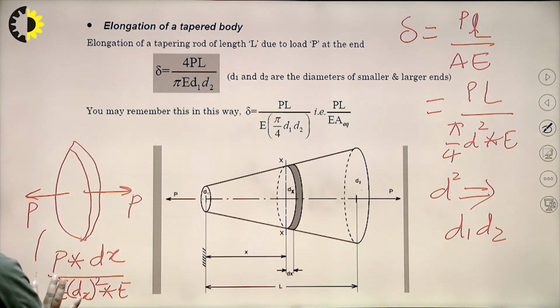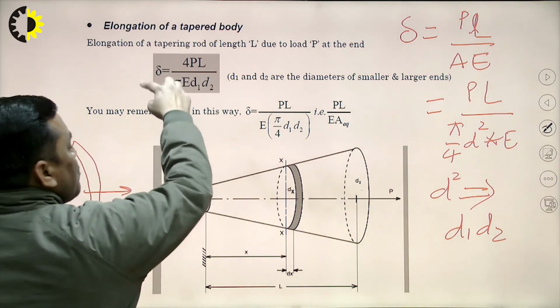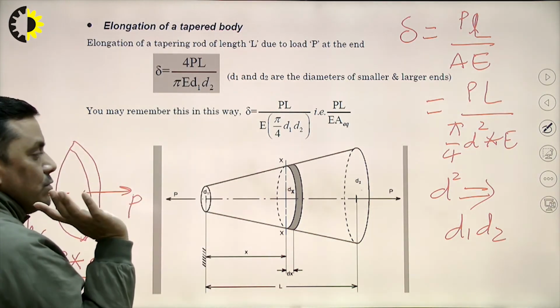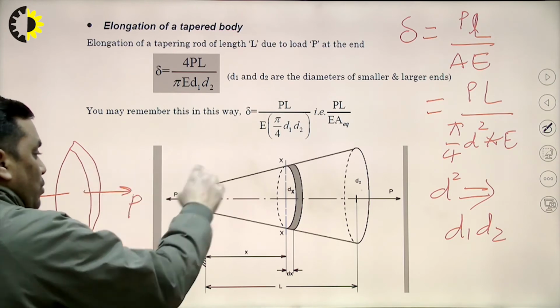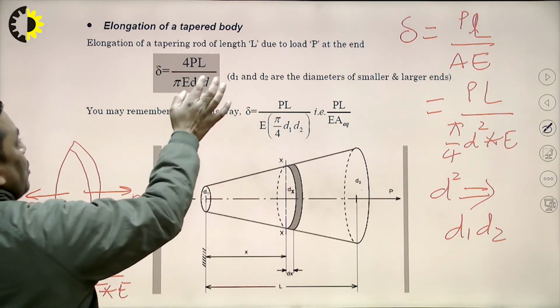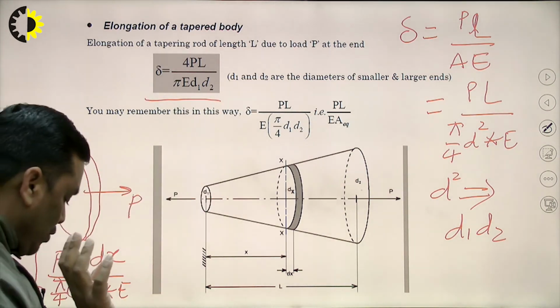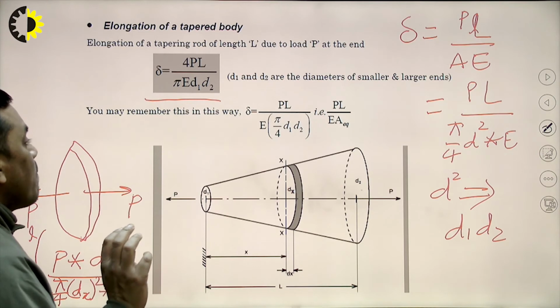If I integrate this from 0 to L, the result comes out as 4 PL upon pi E D1 D2. So if you want to derive this, you can derive it this way, or if you want to remember this, how to remember it has already been told to you.